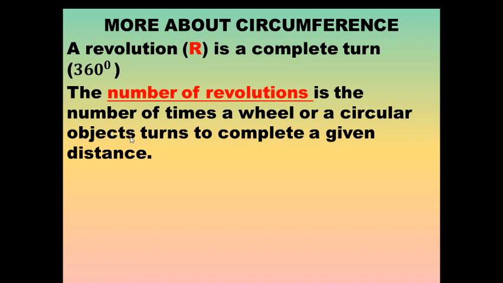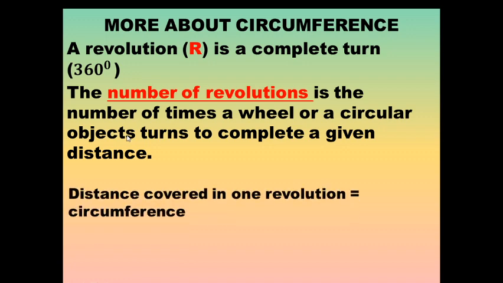The number of revolutions is the number of times a wheel or a circular object turns to complete a given distance. And the distance covered in one revolution is equal to the circumference of the circular object.